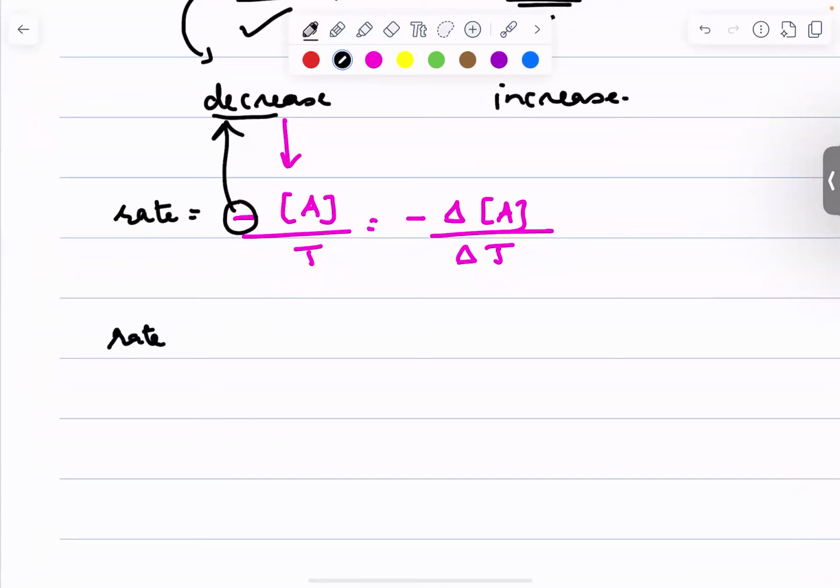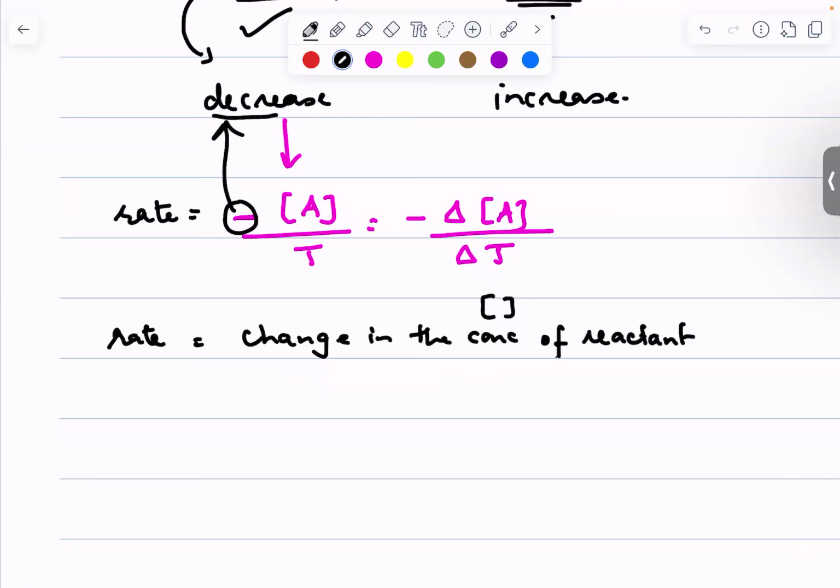You can write rate of the reaction is the change in the concentration, and by the way, concentration is represented by this big bracket, change in the concentration of reactant divided by time for the change to happen, or to make it simple, divided by time taken to make that change.